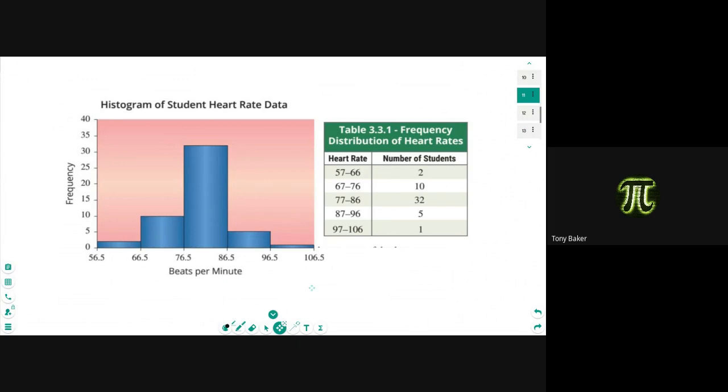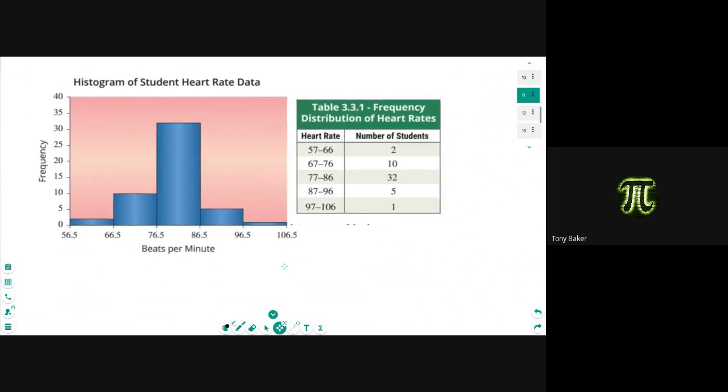A histogram. Has anybody seen a histogram before? So this is a histogram. What does it look like? It's just like our bar charts.